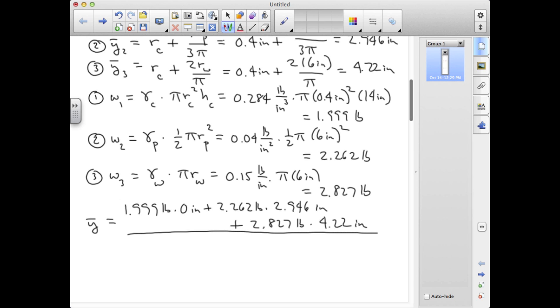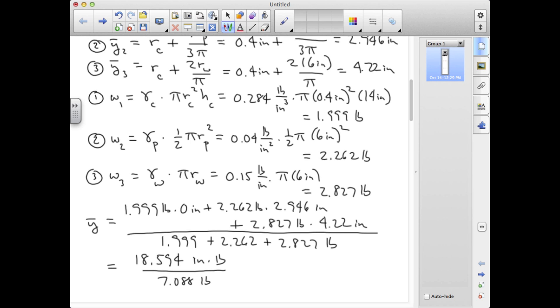And in the denominator, we have the sum of the weights. The result is that we have a numerator of 18.594 inch-pounds over a weight of 7.088 pounds, and that gives us a Y center of 2.62 inches. So our weight is here, and our Y center is here.